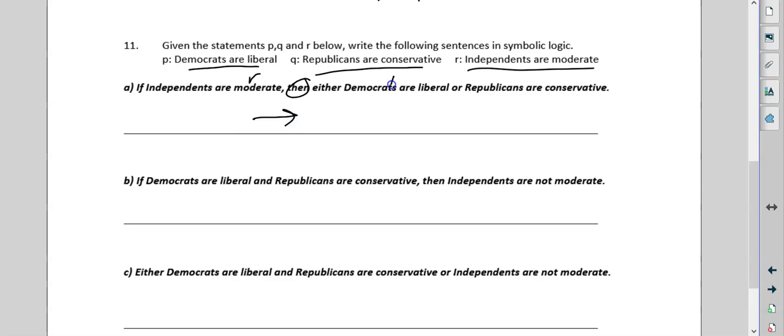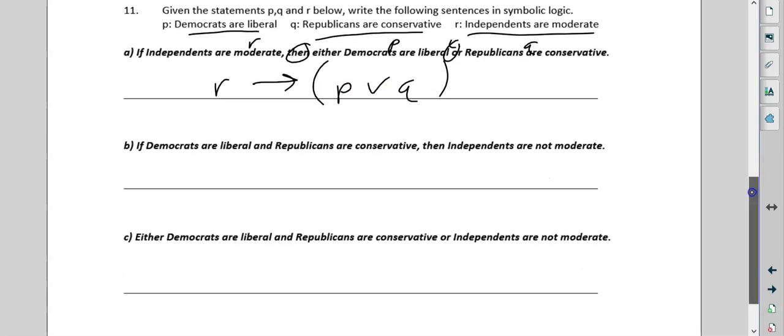Democrats are liberal, that's P. Or, so we know we're going to have an or statement in here. Republicans are conservative, that's Q. So, if R, then P or Q.